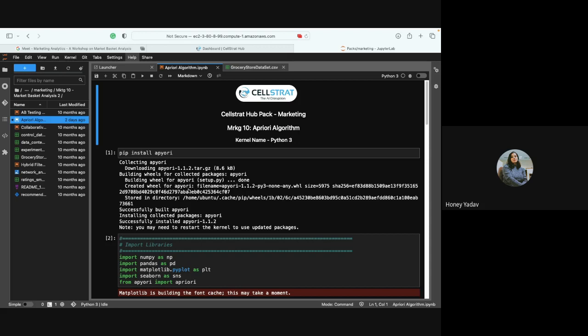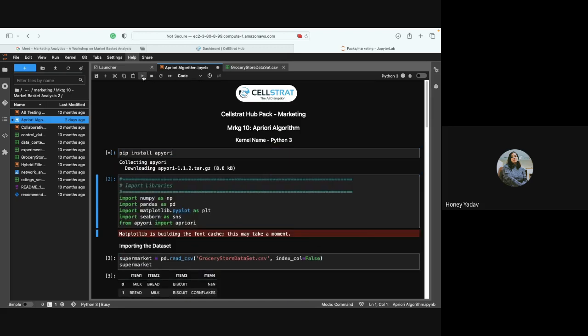So in the first step, what you need to do is import the necessary libraries, and also you want no header in the data set. You don't want any kind of header saying this is the product column or something like that. You need the first column to be the first transaction of the customers. So first you need to just install apyori, as I told you, this is the library that you require.